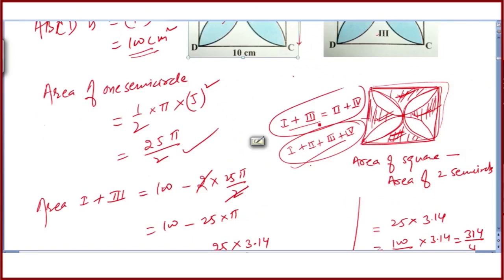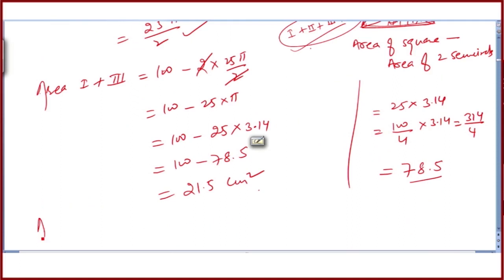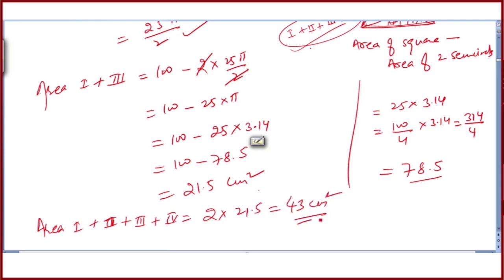So this is equal to second plus fourth area. So area 1 plus 2 plus 3 plus 4 is equal to double of 21.5, that is 43 centimeter square.